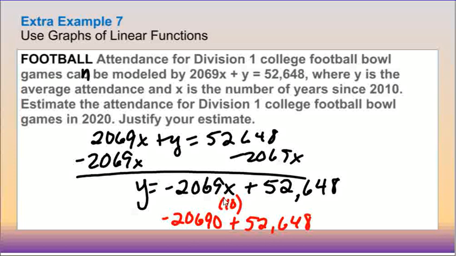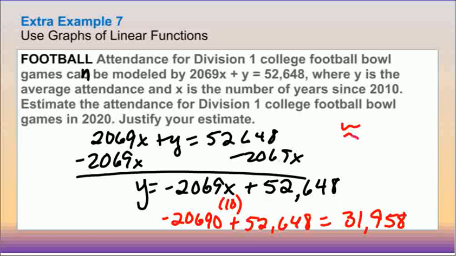So a negative 20,690 plus 52,648. This will give us an answer of 31,958. If we were to estimate that, that would be about 32,000 people, because it's only 42 people away from 32,000.